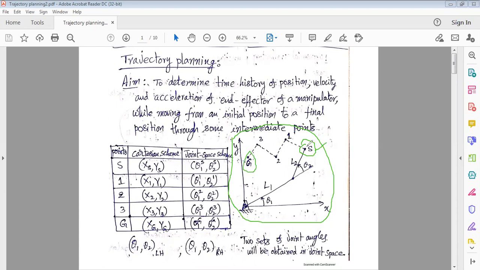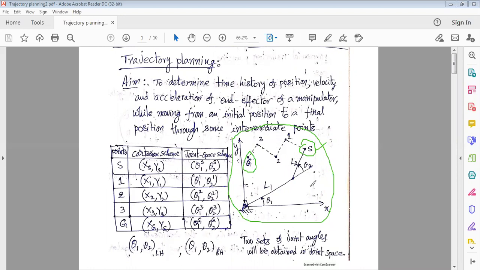So from the starting point to the destination point, the end effector travels along this path. It reaches the points 1, 2, 3. These 1, 2, 3 are called intermediate points. During this travel, we are determining the time history of position, velocity, and acceleration.